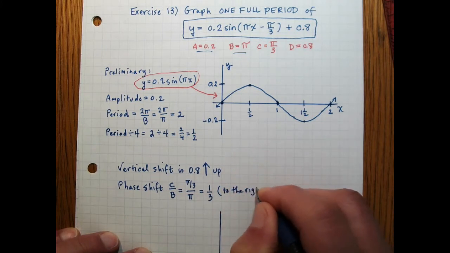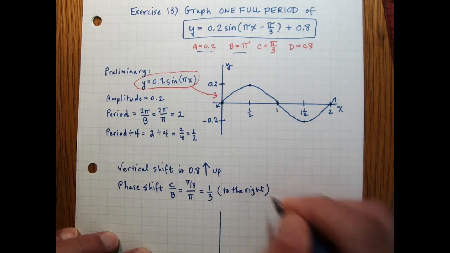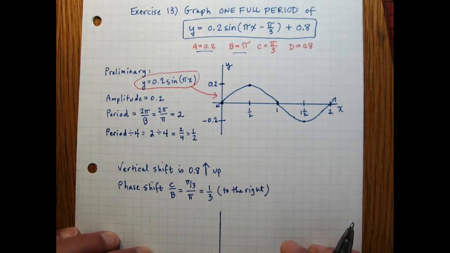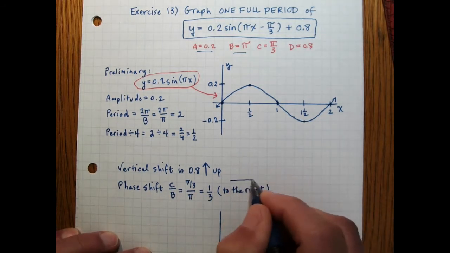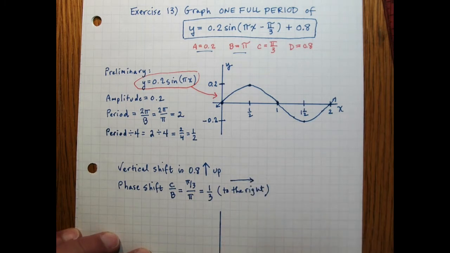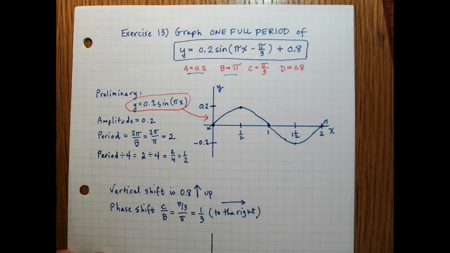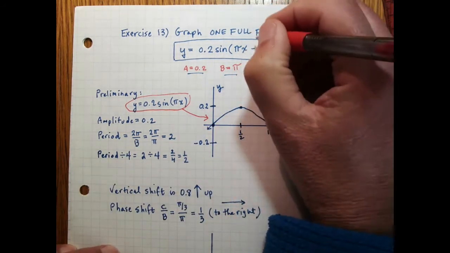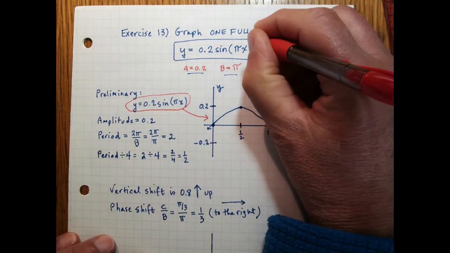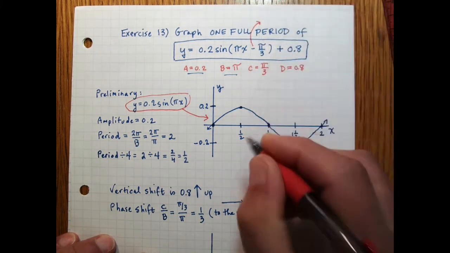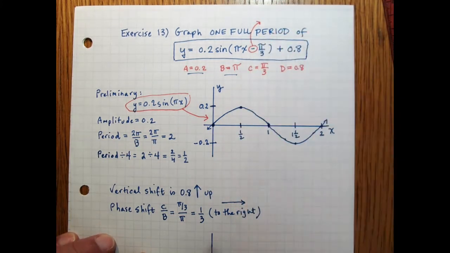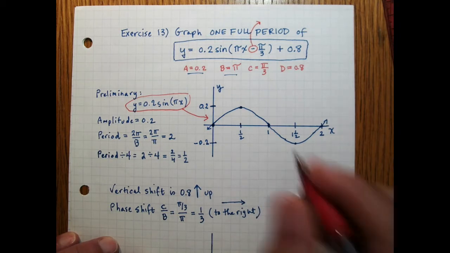Now, if you ever get confused, because there's some trickiness with plus and minus signs here about whether we're shifting to the right or the left, you can always fall back on the original equation. And that's what I do. I always rely on the sign in the original formula to help me see whether I'm shifting to the right or to the left.